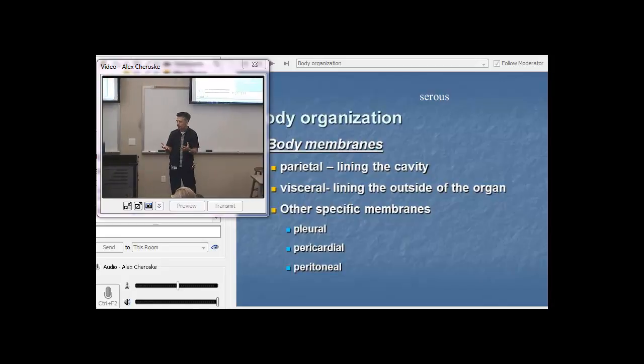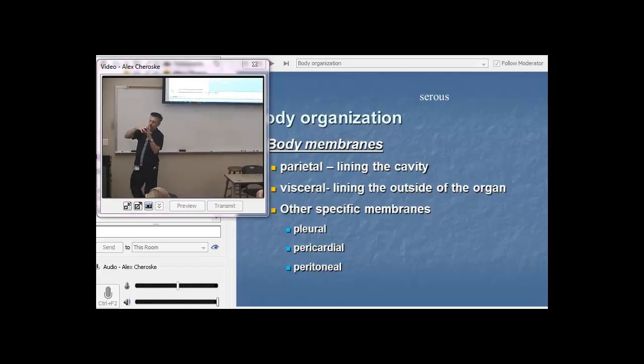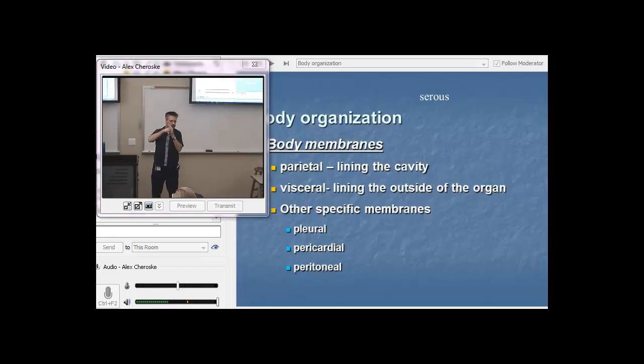This cavity doesn't have any direct opening to the outside, or at least it shouldn't unless you've been stabbed or something like that, and then you're in a bad way already. But serous membranes are either going to line the cavity or they're going to line the outside of that organ. And so like we said, when the heart is beating in the pericardial cavity, it's not generating friction.